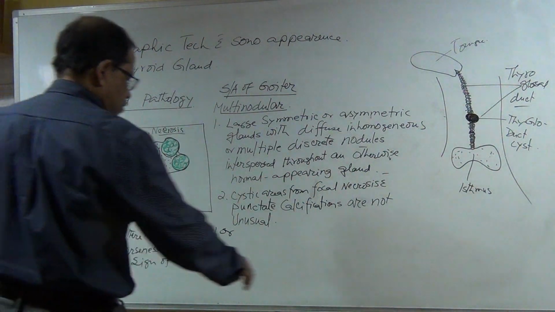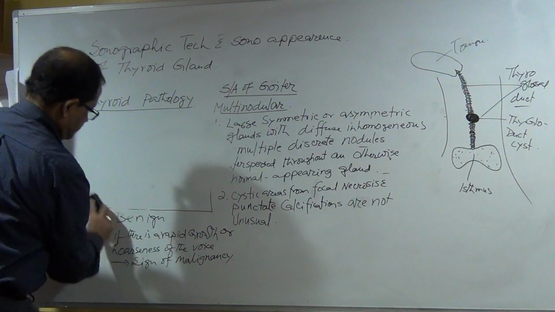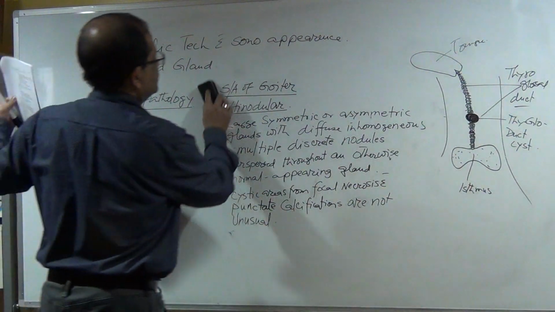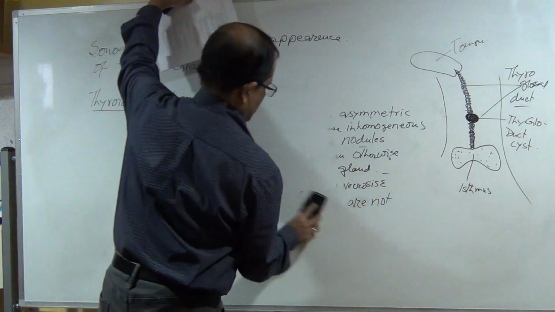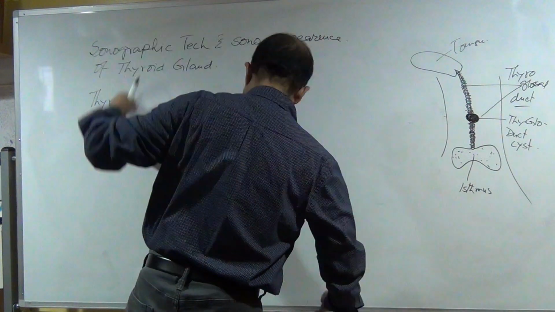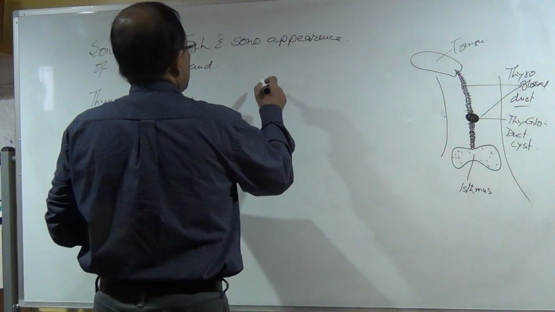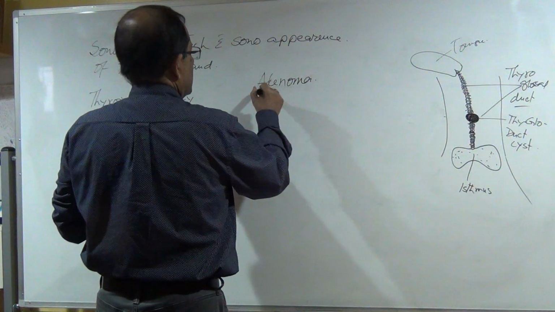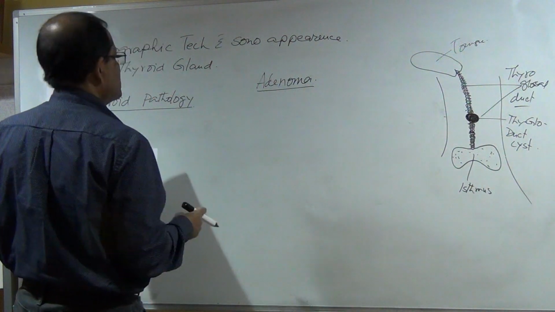So now I will talk about the adenoma. Adenoma is a benign tumor from the follicle of the thyroid gland. That is the adenoma. Adenoma of the thyroid gland. This is the benign neoplastic growth.